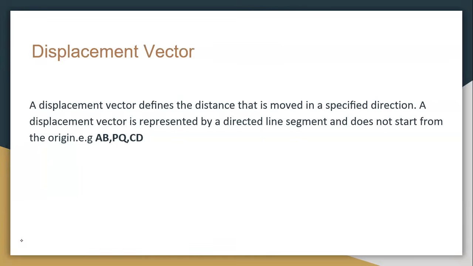But we have some vectors whereby the measurements are not done from the origin. Such vectors we call displacement vectors. So for any vector you find with two letters without an O, we shall classify them as displacement vectors.